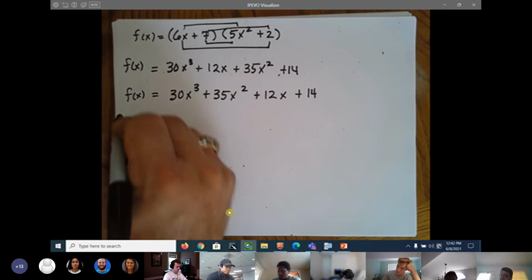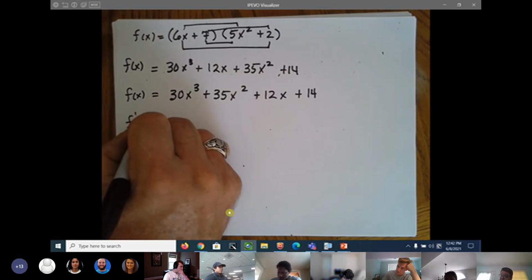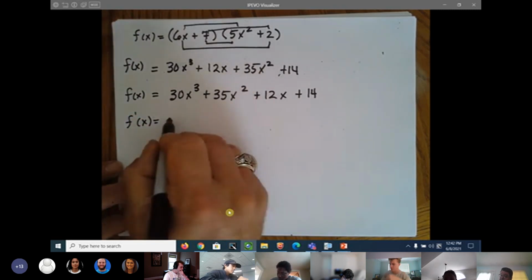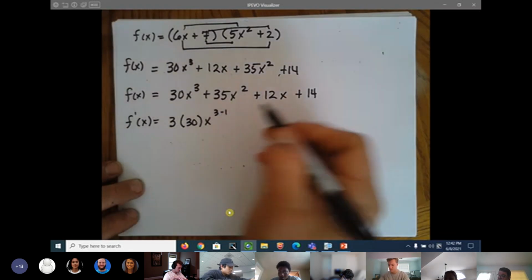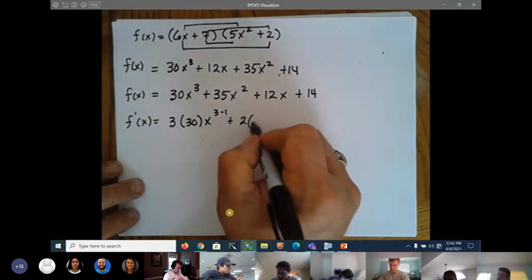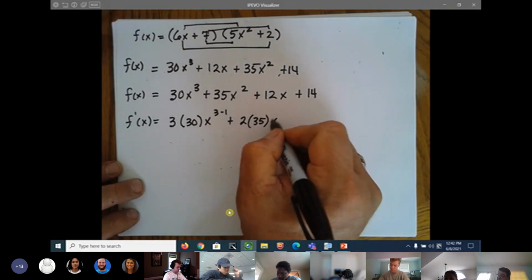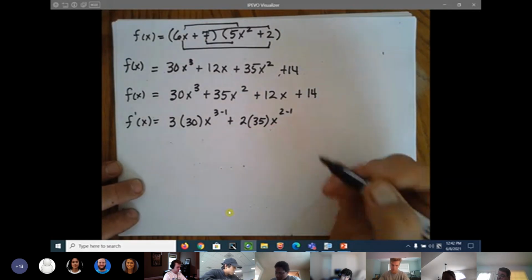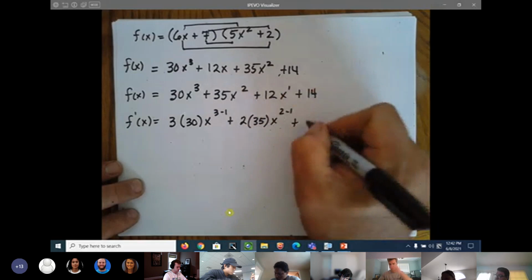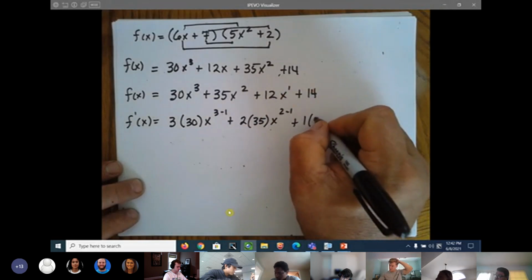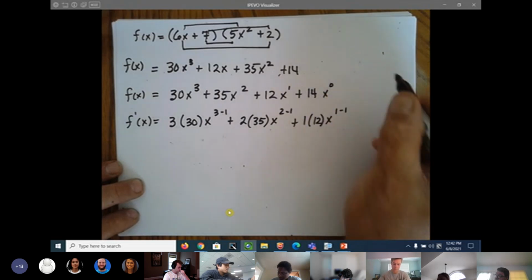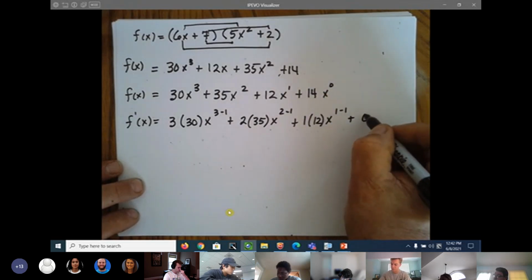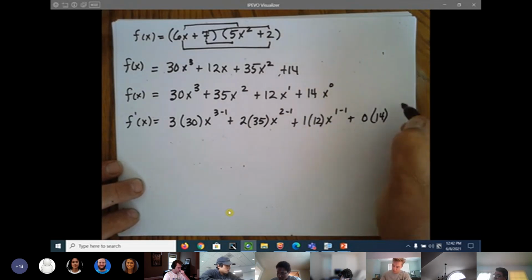Now, f prime of x is equal to 3 times 30x to the 3 minus 1, plus 2 times 35x to the 2 minus 1, plus 1 times 12x to the 1 minus 1, plus 0 times 14x to the 0 minus 1.